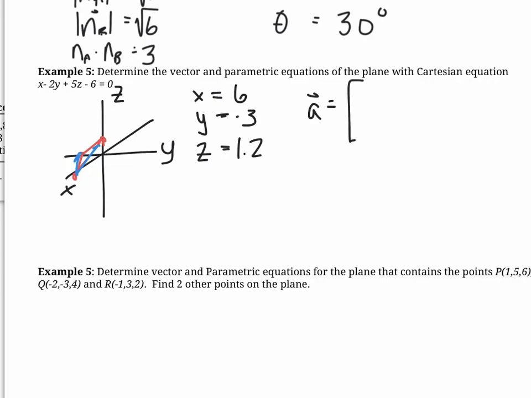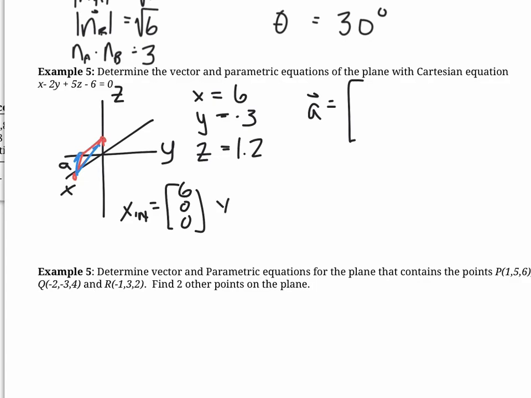Yeah, let's just go for it. So A is going to have, I call this down here A. The 2 points we have are the x-intercept and the y-intercept. And actually, let's just write these down. X-intercept: it's going to be 6, 0, 0.